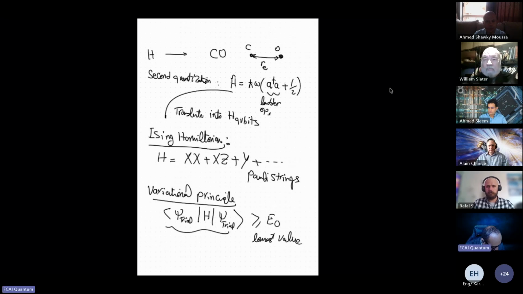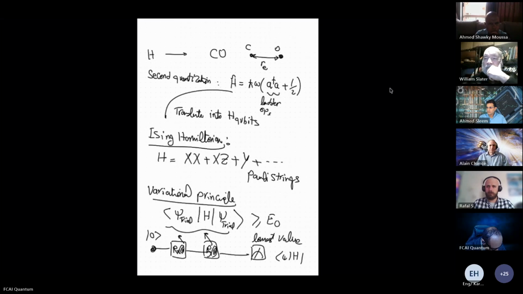And to do this on a quantum computer, if I have only a one-qubit quantum computer, I need to use what we call a parameterized circuit. And then I vary these parameters, and then I make a measurement, and every time I do a measurement, I continue until I get the lowest state.